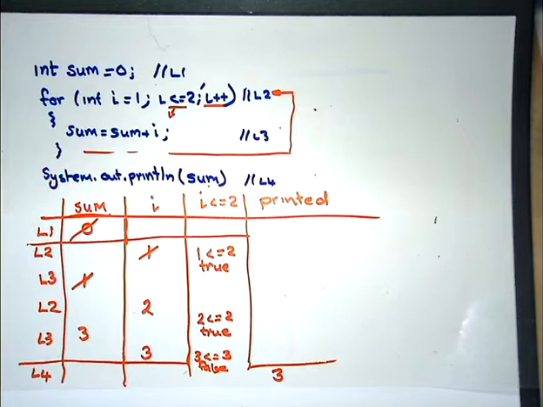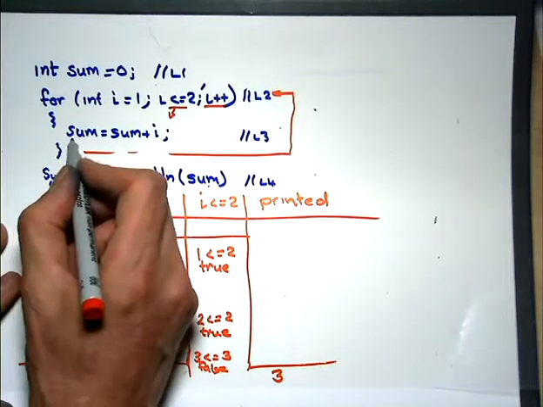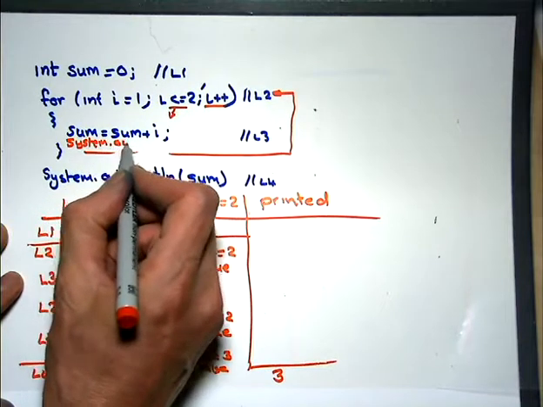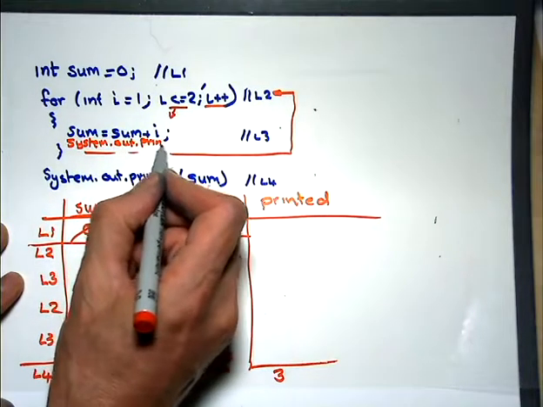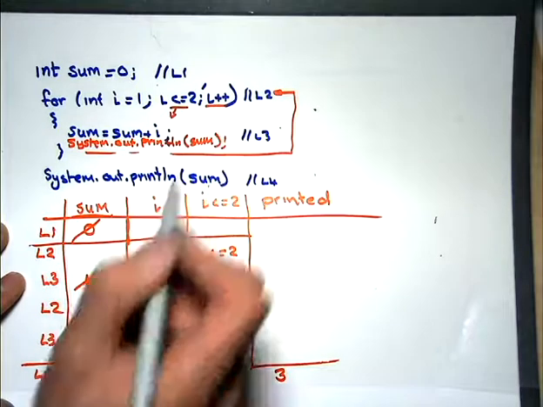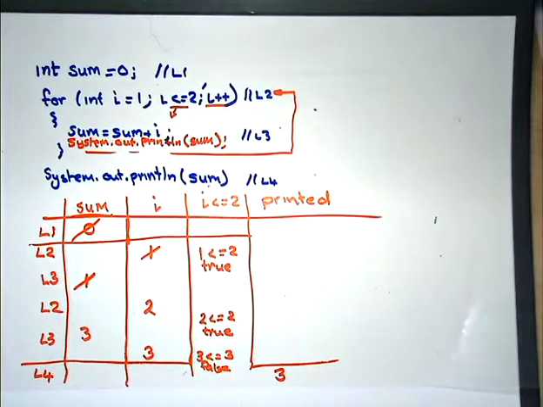What would be the difference if this program had an extra print statement in here? If we actually said system.out.println sum in there, would that print 3 out lots of times, or would it do something else?